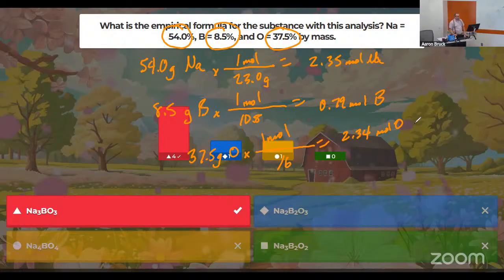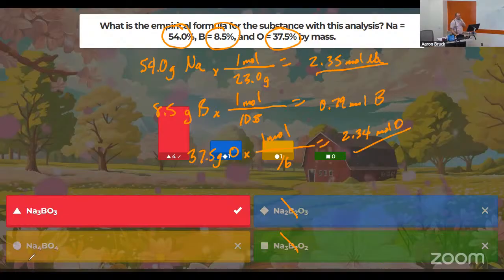One thing that you can do to help you eliminate options is you should recognize out of this, okay, sodium and oxygen, they're the same. So any answers where sodium and oxygen are different automatically can be removed. So I can eliminate blue, I can eliminate green, because sodium and oxygen are different numbers in those.